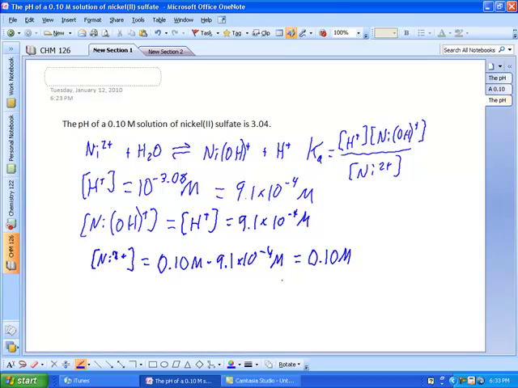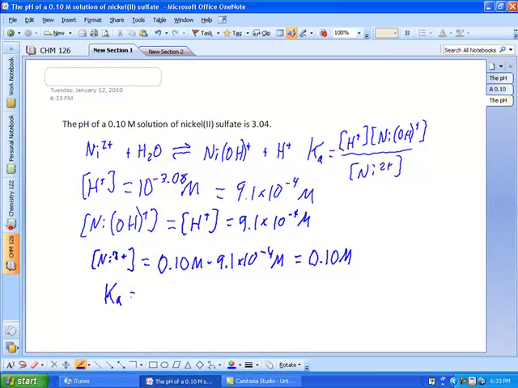Most of the time you're going to end up rounding back to the original molarity, but there are rare instances where you don't, and there's at least one instance where this is true in the lab that you're going to be doing. So the next thing we have to do is simply calculate the Ka. All we do is plug the numbers in.